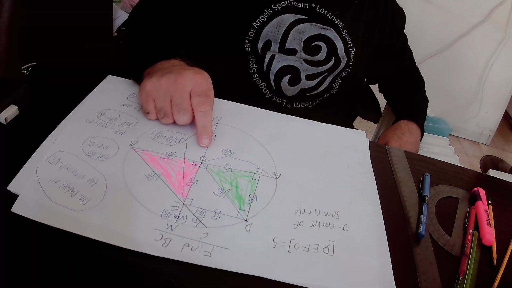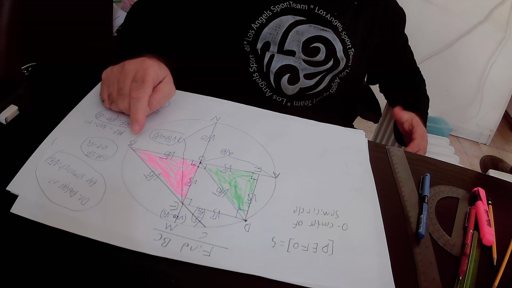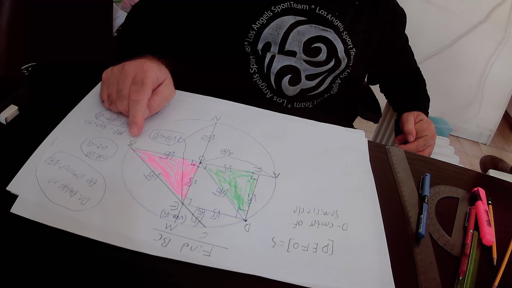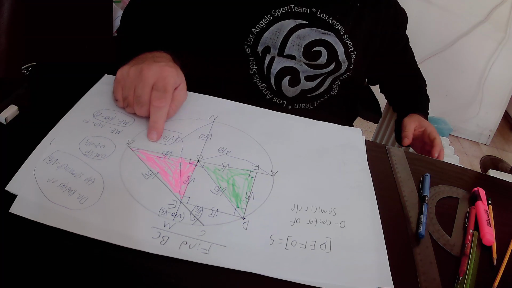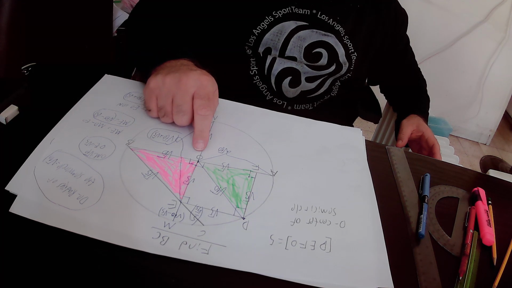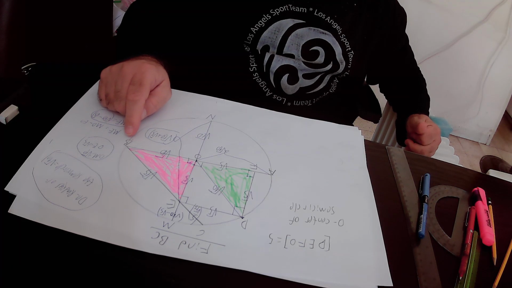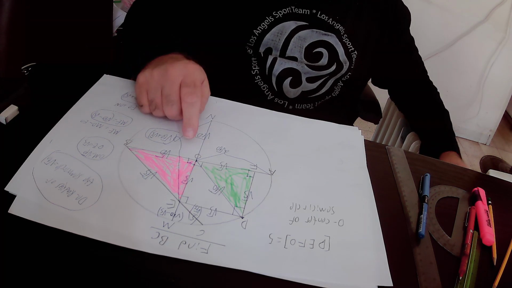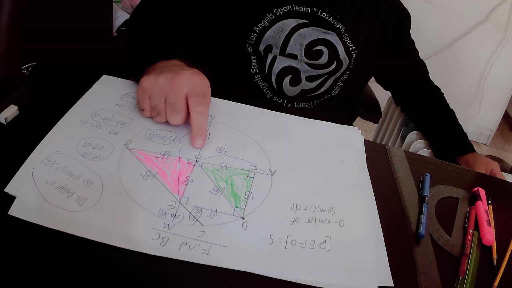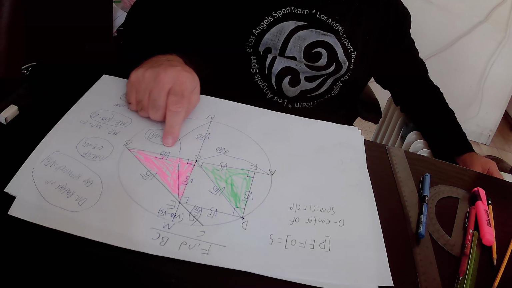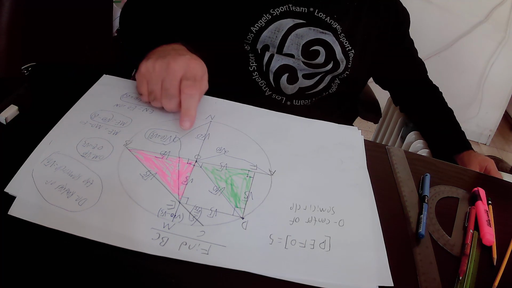Here, line segment OB starts from point O, that is the center of the semicircle, and ends at point B, that is the point on the semicircle itself. That is exactly the definition of a radius, that is to say OB is the radius of this semicircle, which is equal to the square root of 10 units.